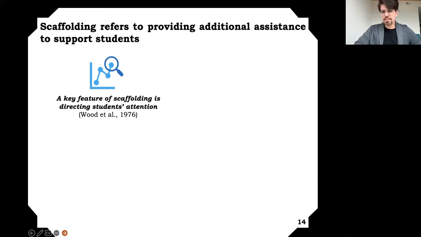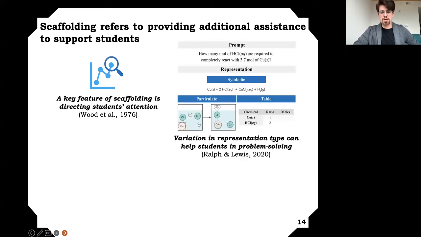And some of the ways that we could do that, drawing on prior work, Ralph and Lewis talk about the utility of using multiple different representation types. So the context here was stoichiometry. Rather than just providing the text prompt, we could pair our assessment questions with different types of representations, and maybe even more than one.